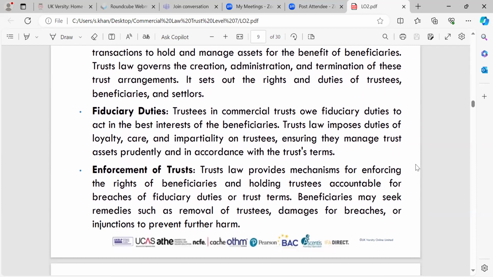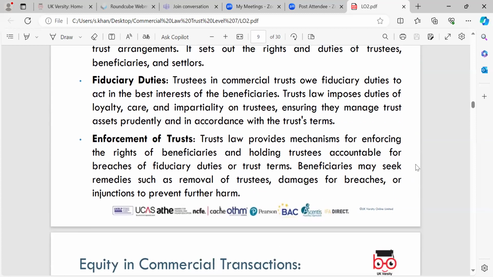Fiduciary duties. So trustees in commercial trusts owe a fiduciary duty to act in the best interests of the beneficiaries. Trust law imposes duties of loyalty, care, and impartiality on trustees, ensuring they manage trust assets prudently and in accordance with the trust's terms. Enforcement of trust.